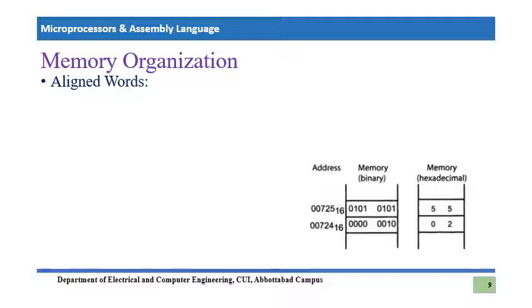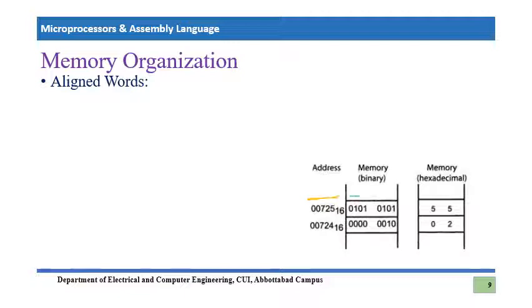In this example, we show two different locations from 8086 or 8088 memory. Let me highlight them. This area is the address.